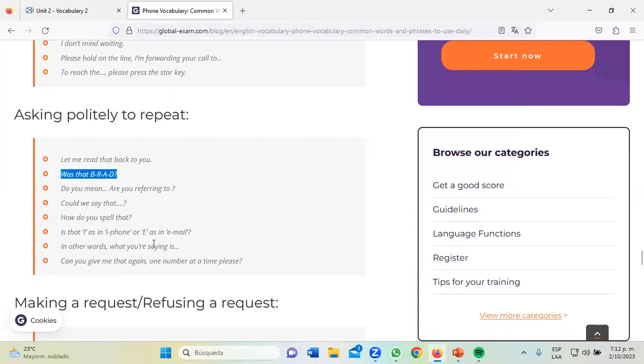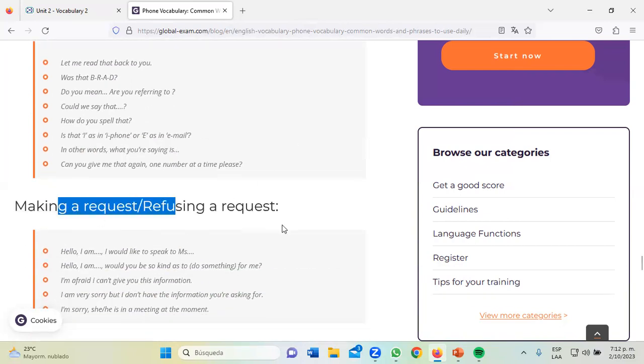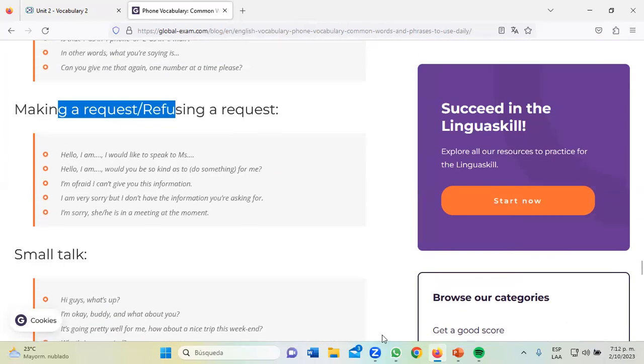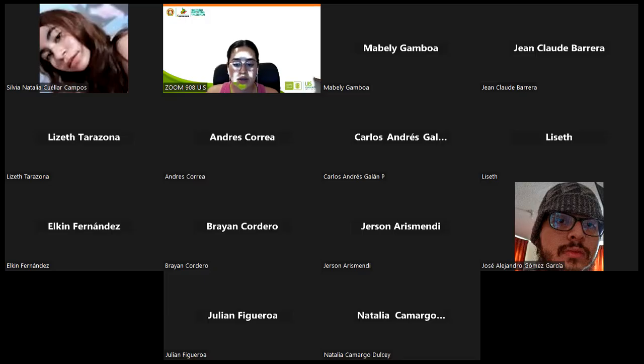In other words, what you're saying is, so paraphrasing, making a request or refusing a request, all of this. So you can use this website to guide you, to help you in the activity that we're going to do. Right? So let me open the link for the role play, and then we will create the groups.